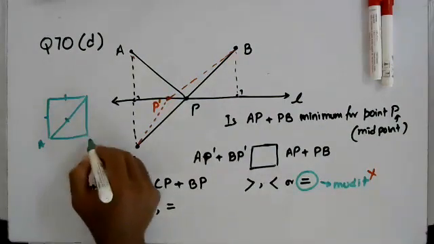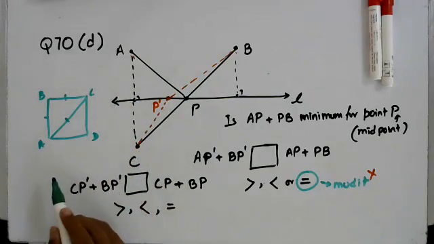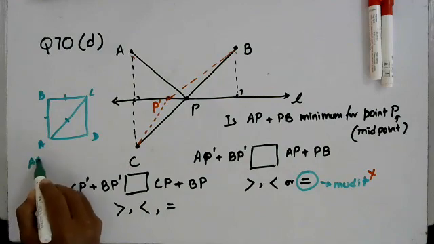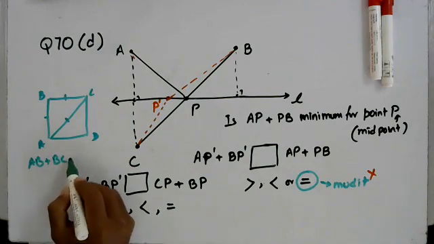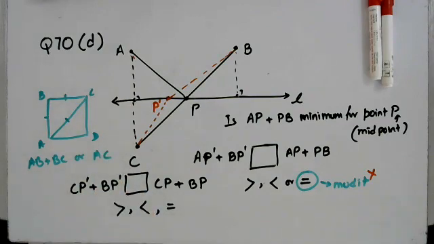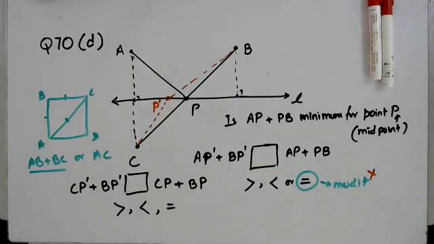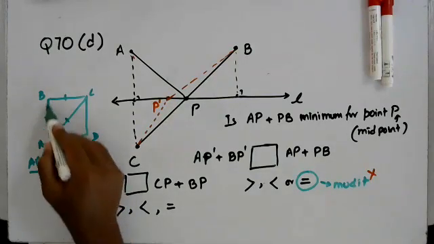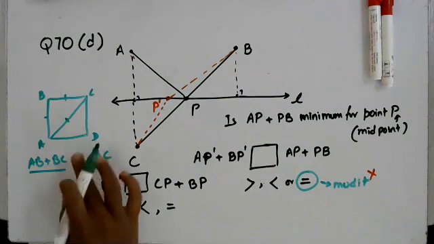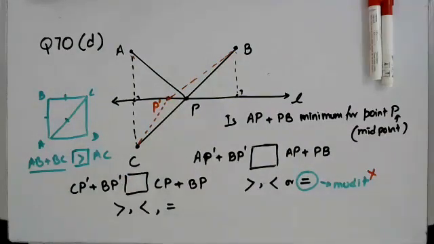Let's keep it as A, B, C, D. Which is going to be greater, AB plus BC or AC? AB plus BC, because the parts are getting added. So here you don't have any problem in saying that AB plus BC is greater than AC, correct?